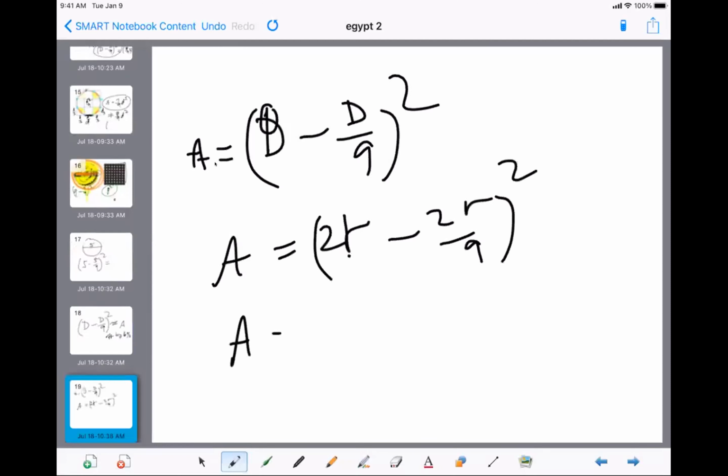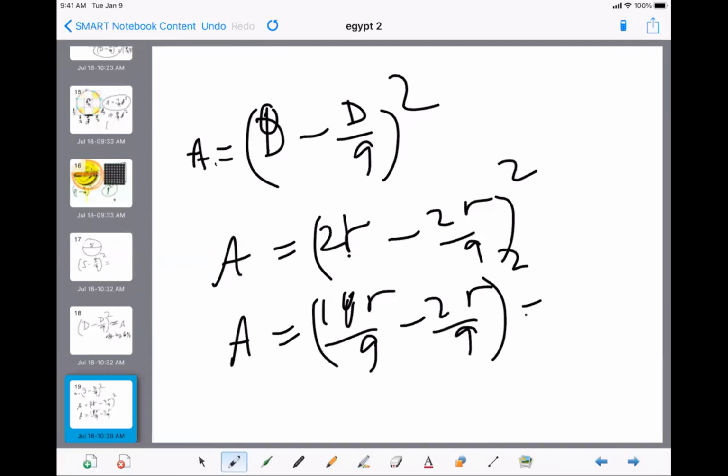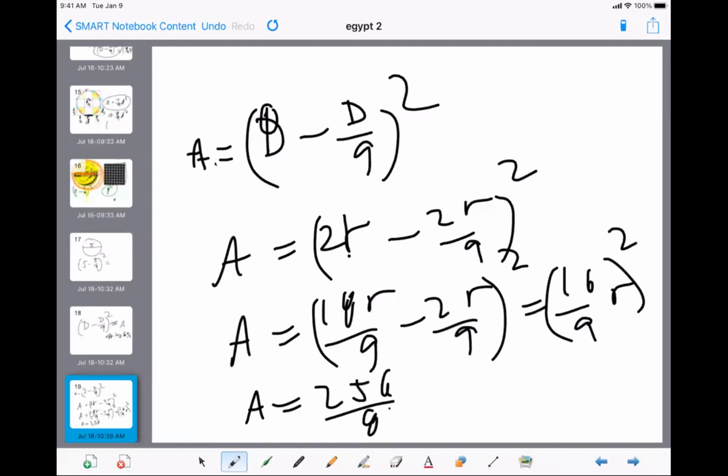And you change that to 18r over 9 minus 2r over 9, squared, equals 16 over 9 r, squared, equals 256 over 81 r squared.